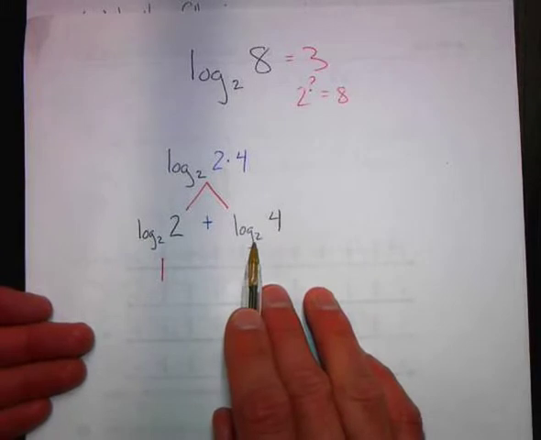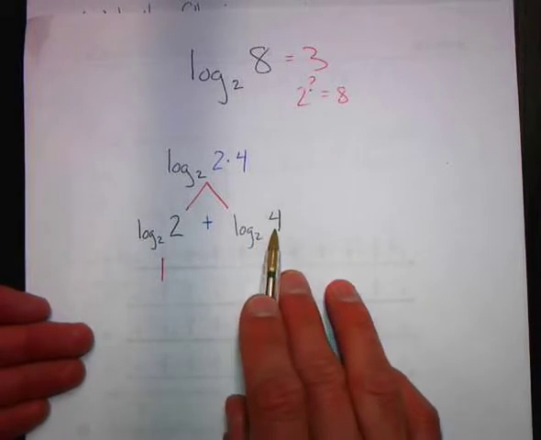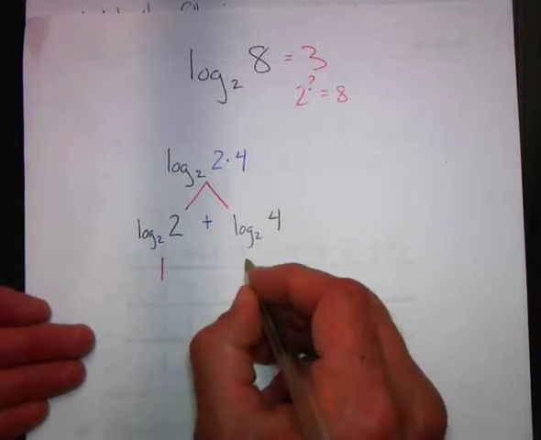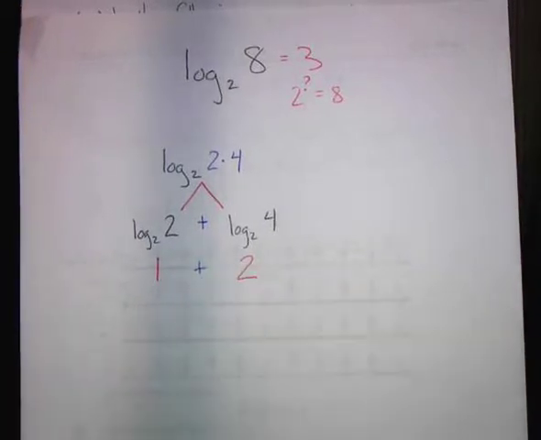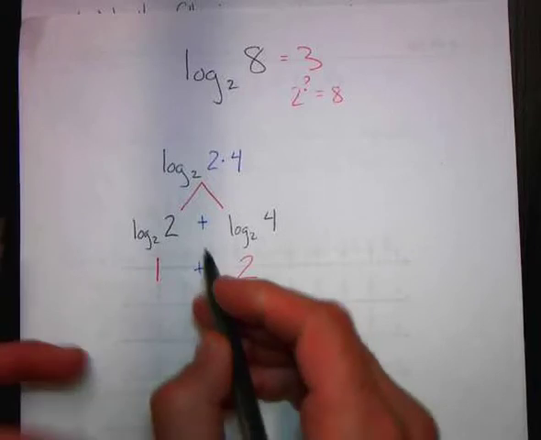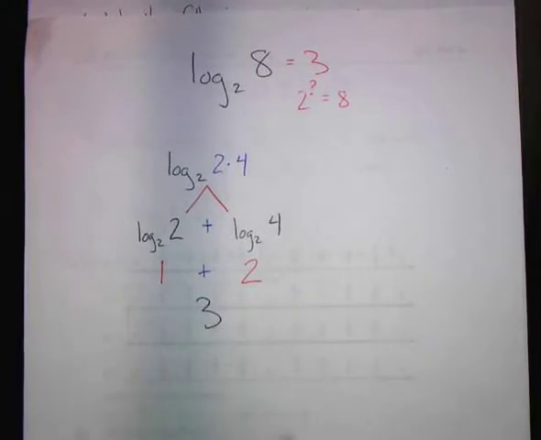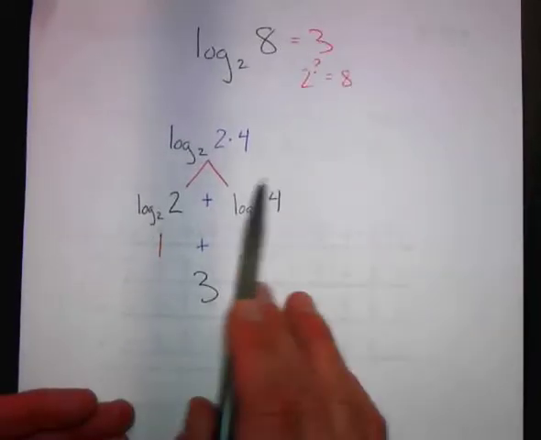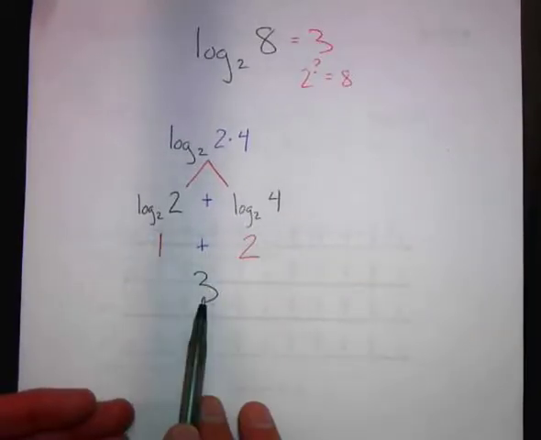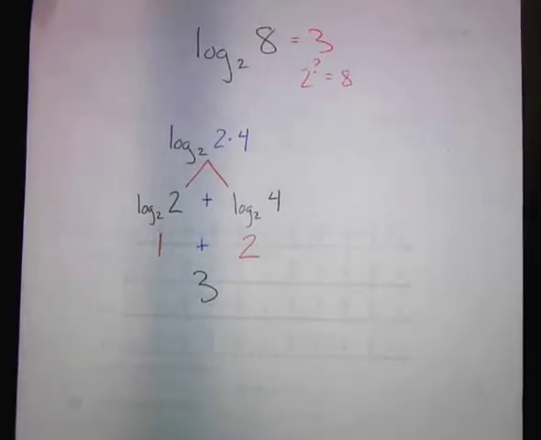And 2 to what power gives us 4? The log base 2 of 4 happens to be 2. And if we add them, 1 plus 2, of course, is 3. So we know that the log base 2 of 8 is 3. And that way we can test, well, does this actually work? Why, yes, it does. It's just something we can do with logarithms.